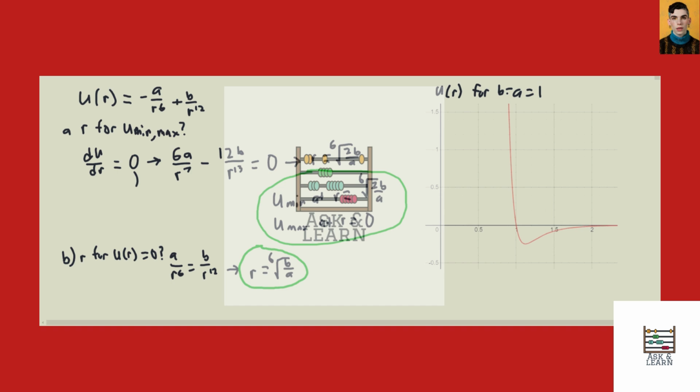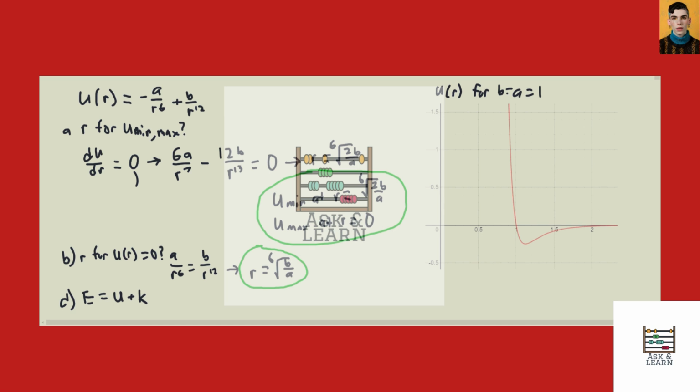Okay, now part D is asking us to describe the motion of one atom in terms of energy. So we want to keep in mind here that energy equals potential plus kinetic. So we're looking at potential.